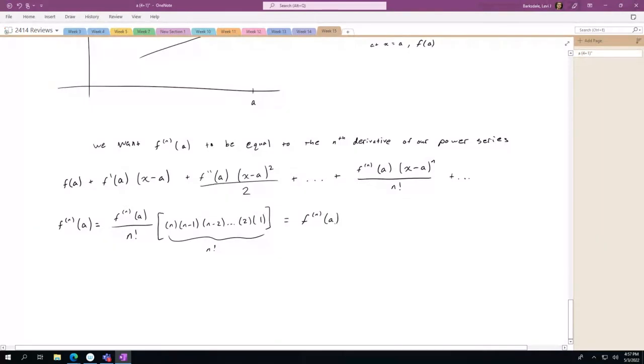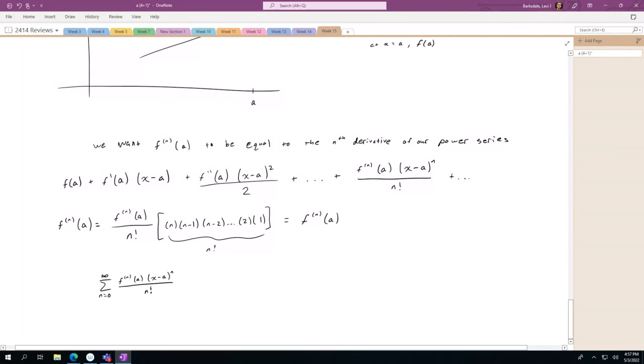Which means if I make a series and I define it by taking the nth derivative at some point a times x minus a to the nth term divided by n factorial, this series is going to match the derivatives of some other function: the first derivative, the second derivative, the third derivative.